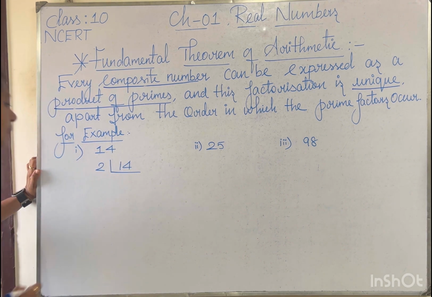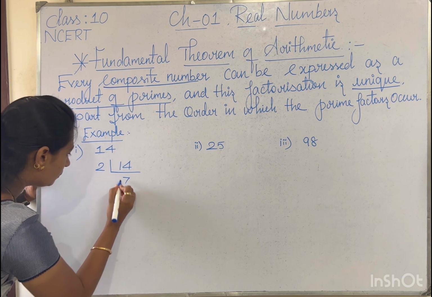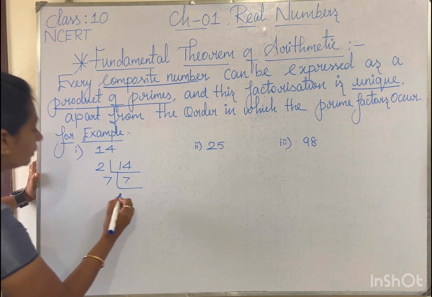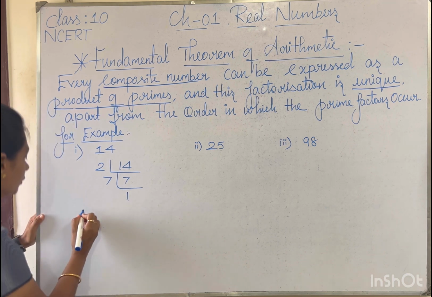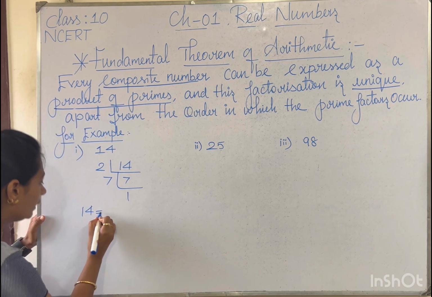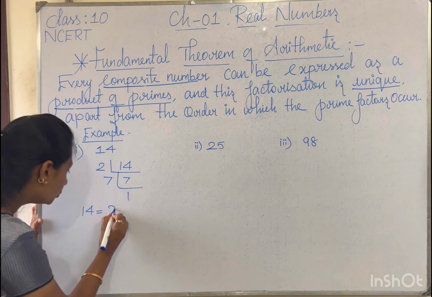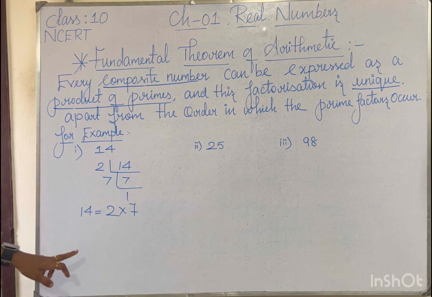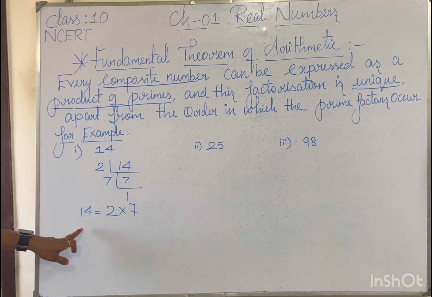When you factorize by the prime number 2, 14 divided by 2 is 7. Then 7 is a prime number, 7 ones are 7. So the given number 14 can be expressed as 2 into 7.